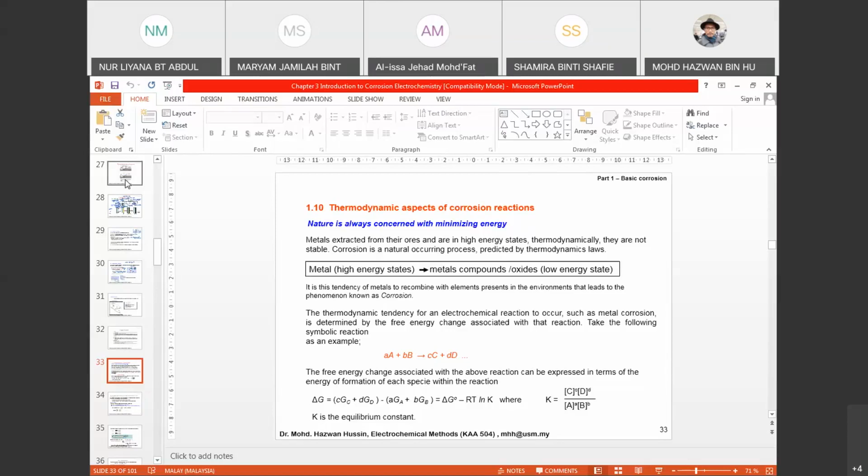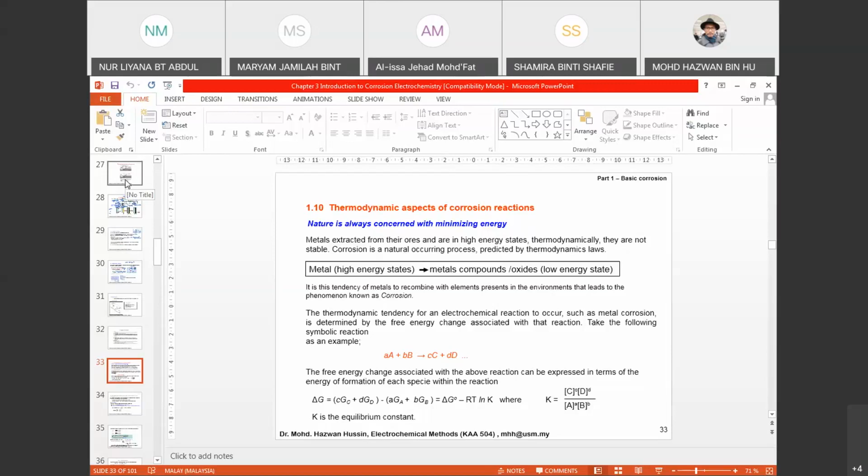The thermodynamic tendency for an electrochemical reaction to occur, such as metal corrosion, is determined by the free energy changes associated with that reaction. Take the following symbolic reaction. For example, you have A plus B, the reactants, forming products C plus D. The free energy change associated with the above reaction can be expressed in terms of energy of formation of each species in the reaction.